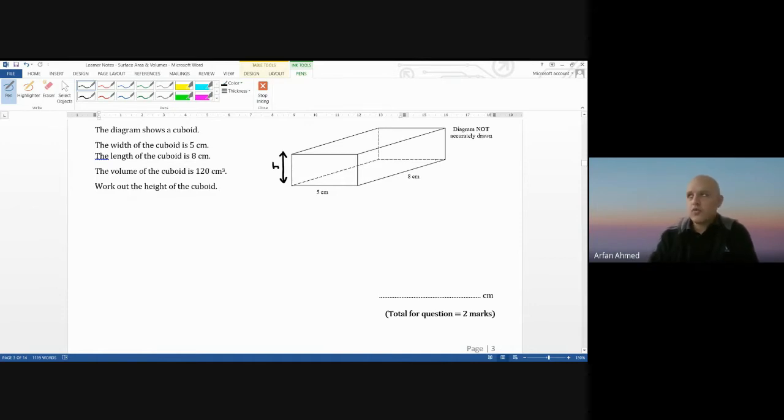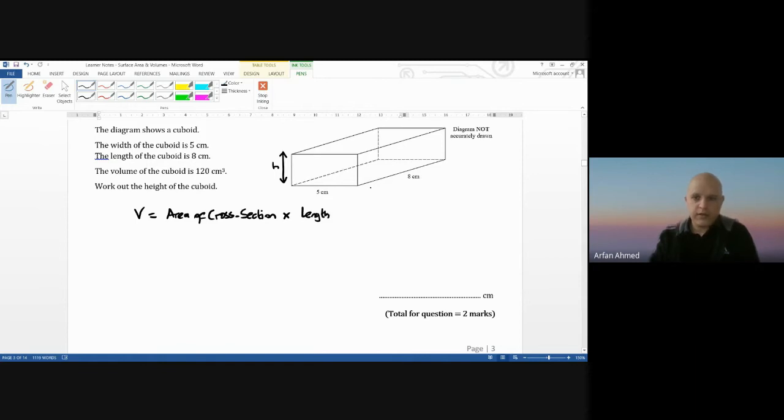So when you're told the volume in the question, you have to work backwards. Obviously we know that volume is equal to the area of cross-section times the length of the shape. Well, we know what the length is.